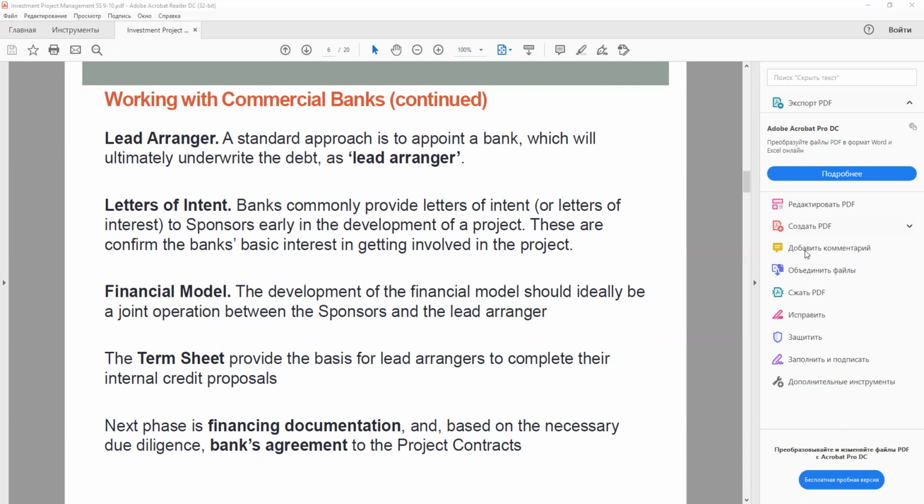So both models, either from the project team or financial institution, finally should lead to and comply with this integral model for the project.